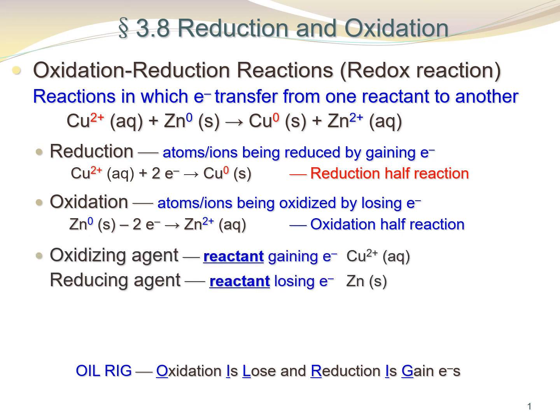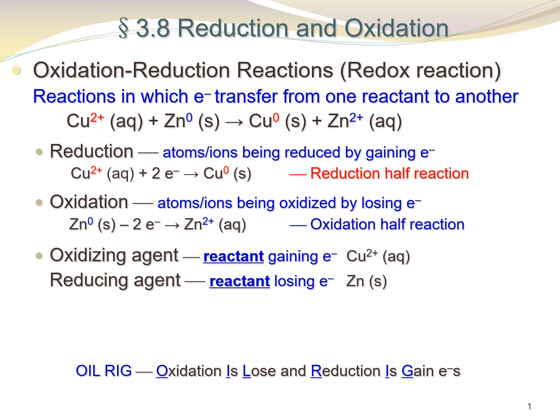In chapter 3, we also talk about agents. Agents are the reactants, and reactants, period. They cannot be switched to any other substances like products. However, there's something a little bit confusing, because when we say oxidizing agent, it is the reactant in which the element or the ion gains electrons.